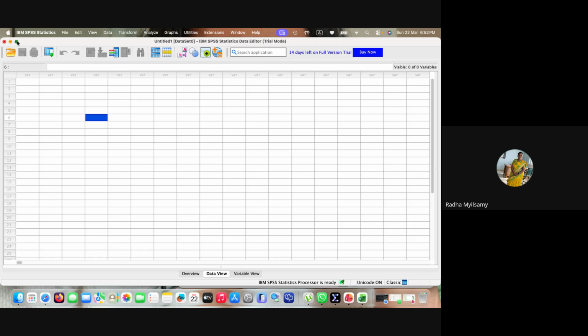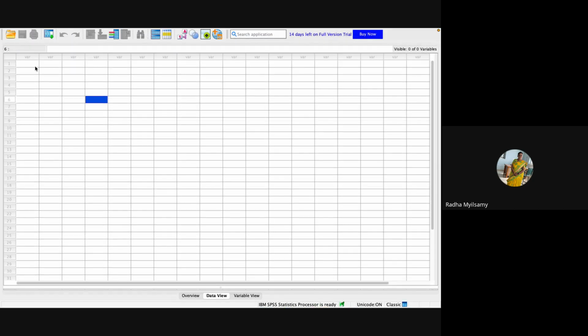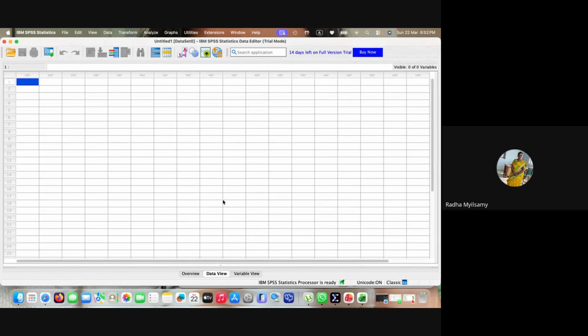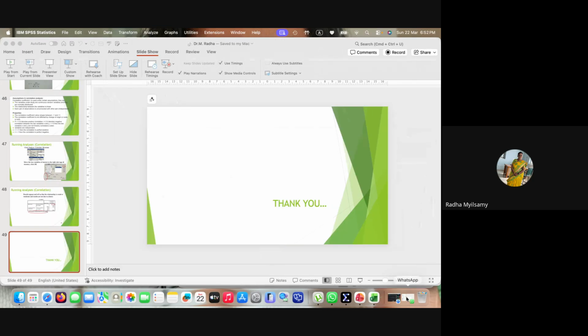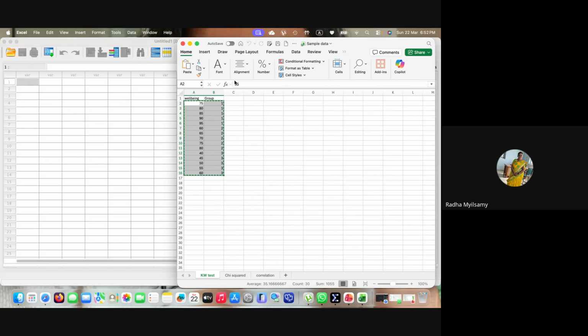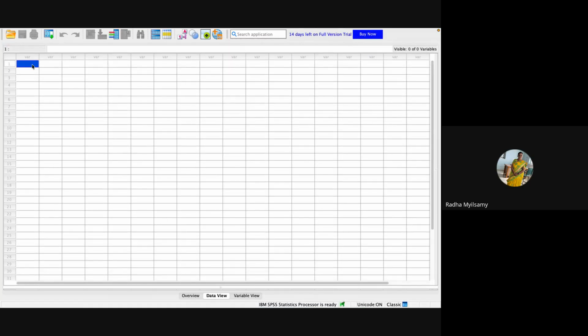This is the window of SPSS. Is it visible? Yes, ma'am. I simply copy and paste the values. We need not copy these titles because we need to type the titles.